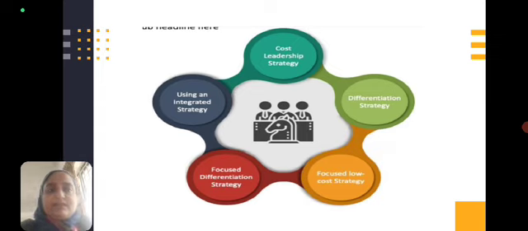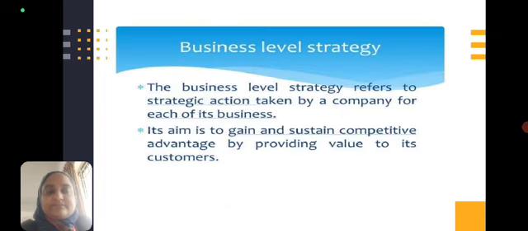Here we'll be seeing about cost leader strategy, differentiation strategy, focused low cost strategy, focused differentiation strategy, and using an integrated strategy. Business level strategy refers to the strategic action that is going to be taken by the company for each and every action in the organization.